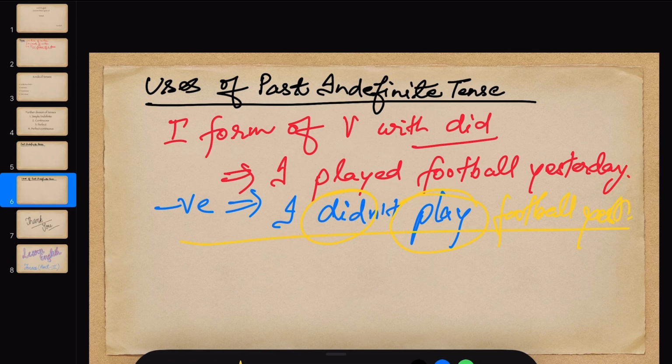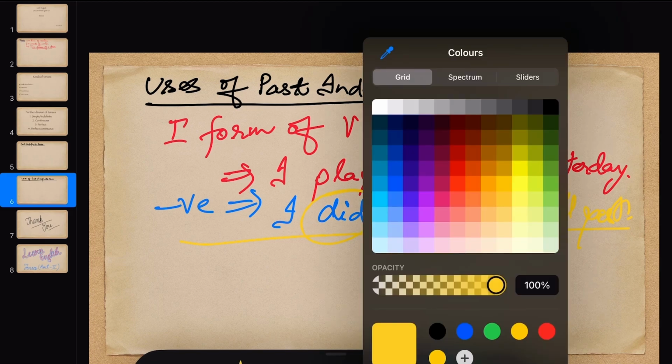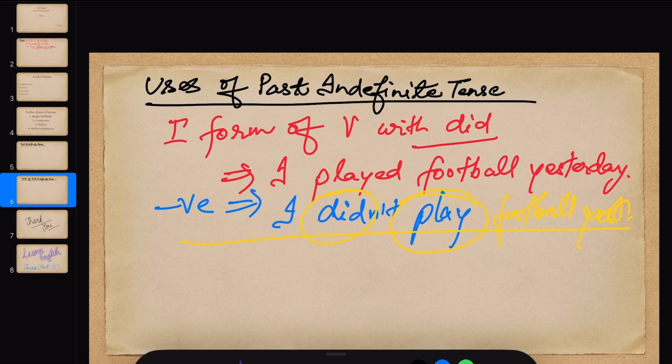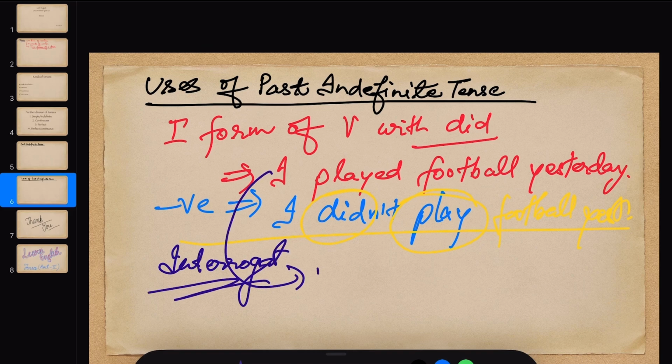Hope you get that. Now, how to change it into question form? Interrogative. So for this, did I play?